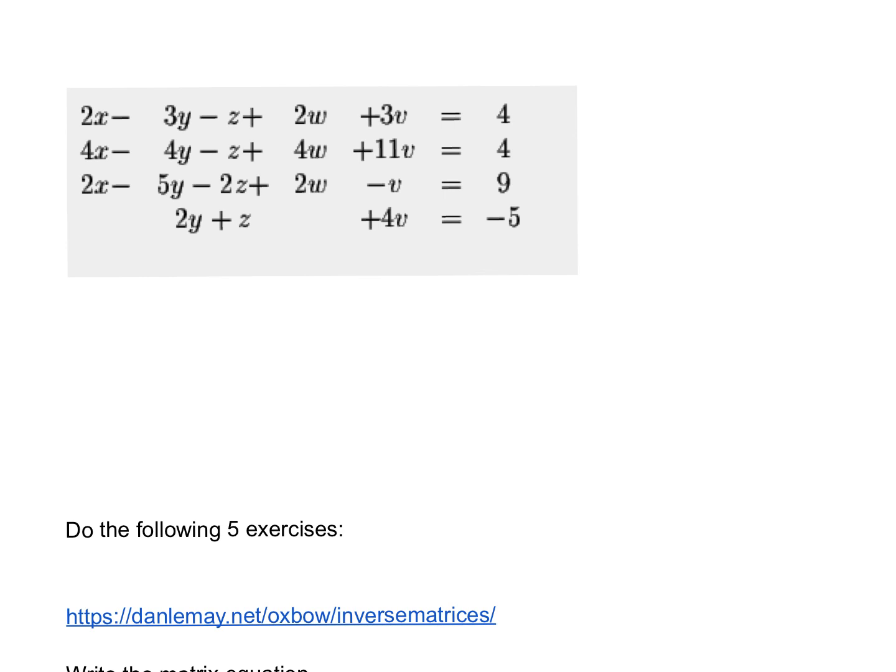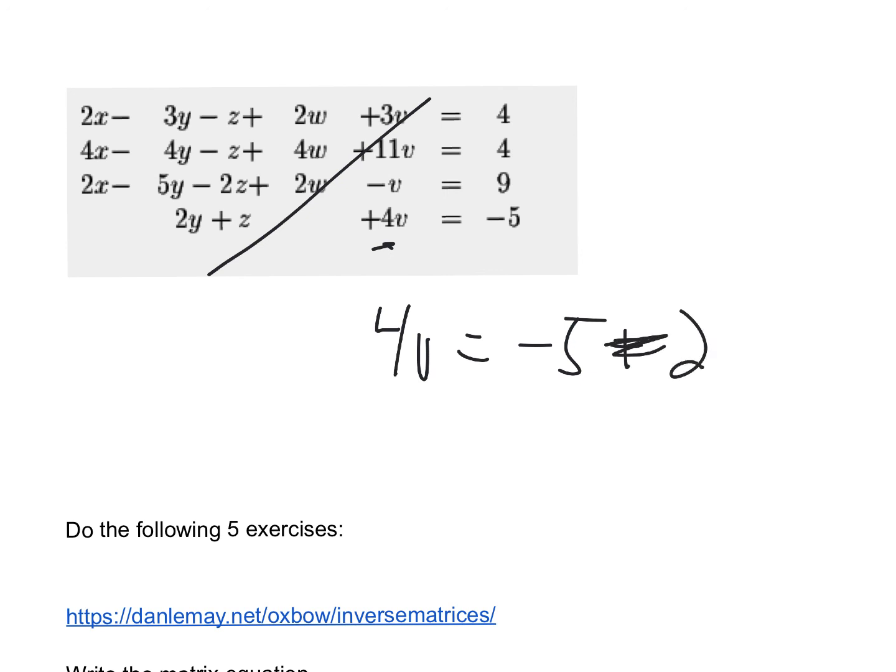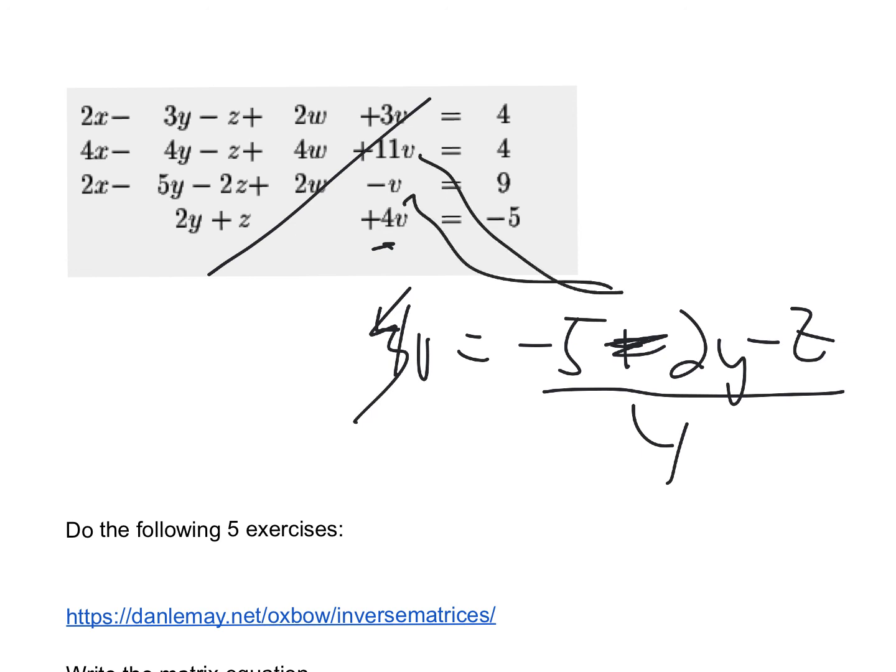What I started to do was take this last equation and solve it for v, so -5 minus 2y minus z, and then divide by 4. Then I can substitute this back into those other equations and clear the fractions, but then I still have 3 equations with 4 unknowns. So there's a problem with this unless one of those variable planes are parallel.